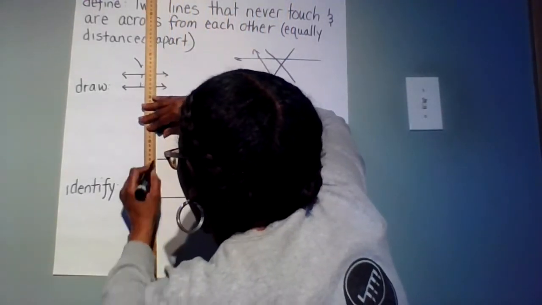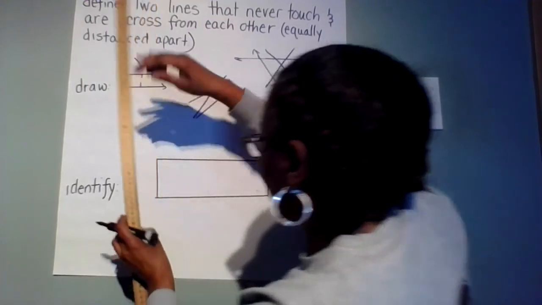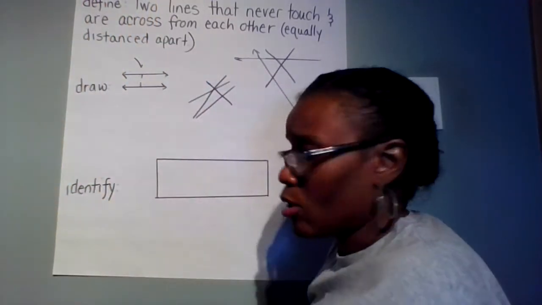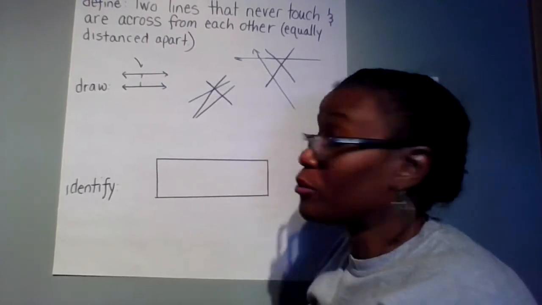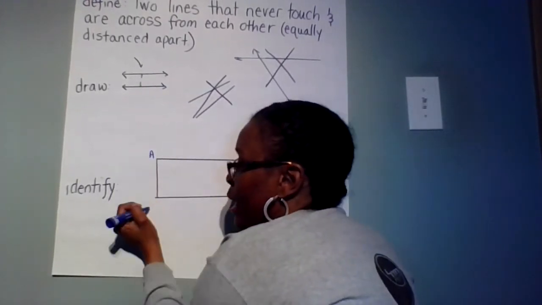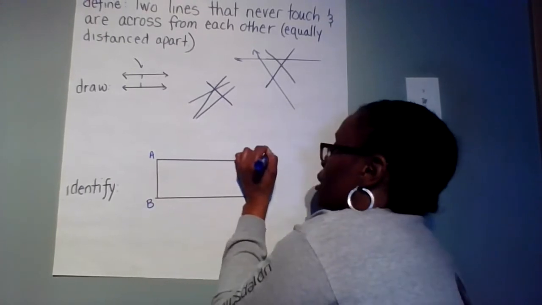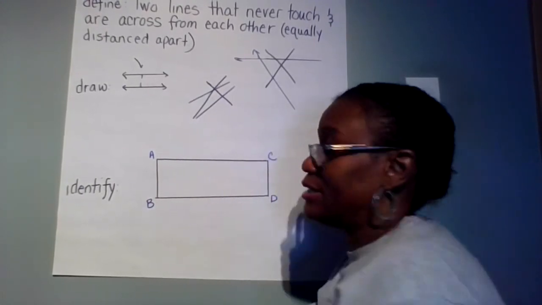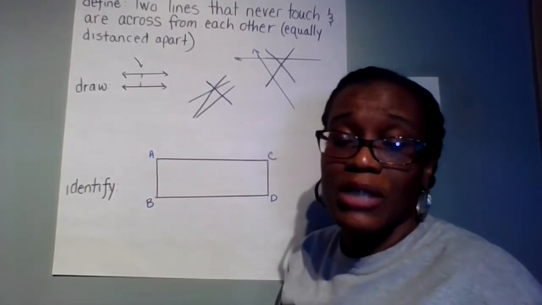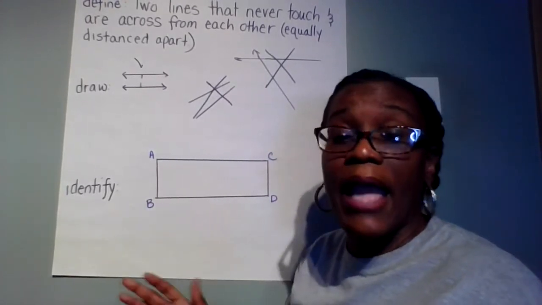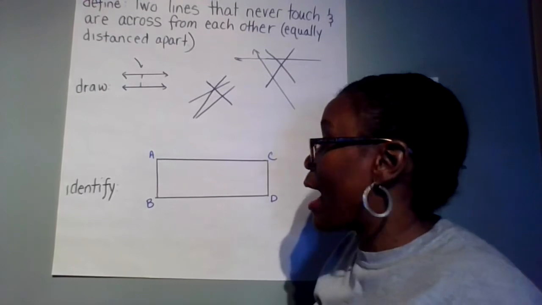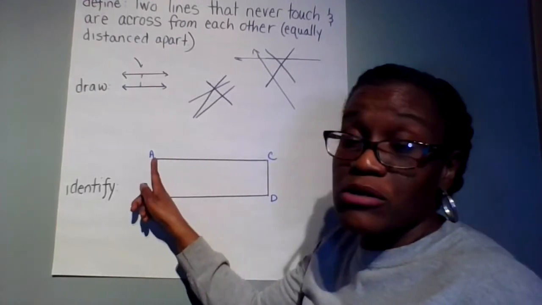These aren't quite the same. I did my best. And now we're going to label. I'm going to label it A, B, C, and D.